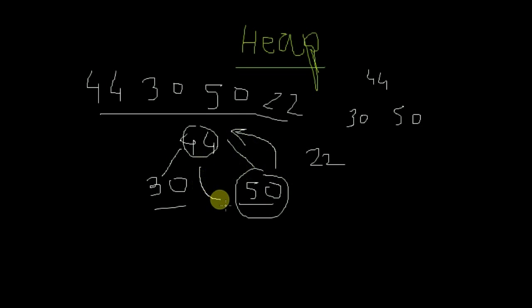It's interchanged, and the new tree is 50, then 30, then 44. So this is how insertion takes place in a heap.